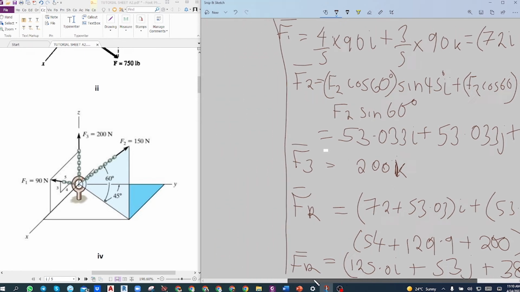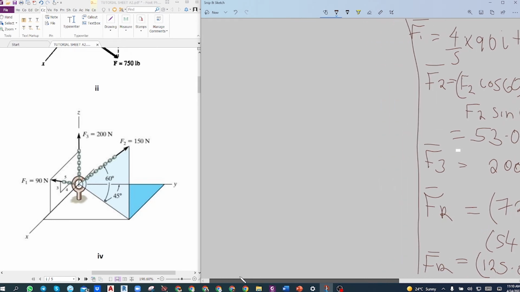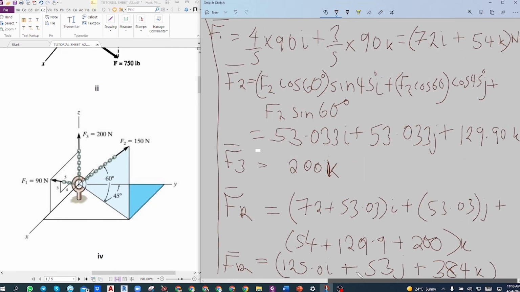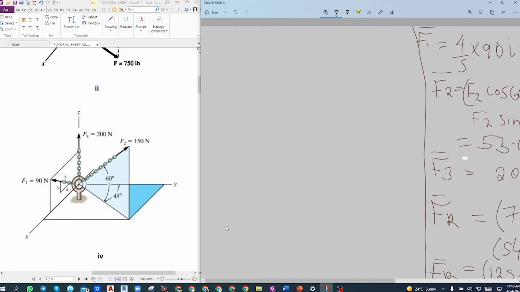Okay. Now let's come here. So 125 plus 53 plus 384. So you see my FRx is equal to 125, FRy is equal to 53, FRz is equal to 384.